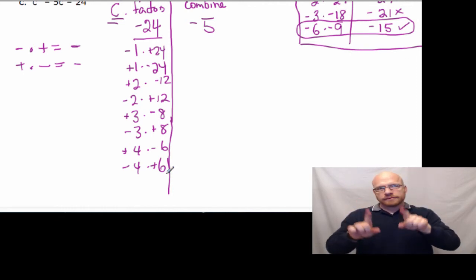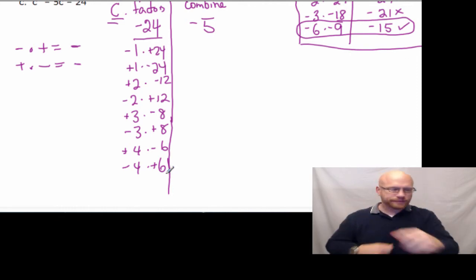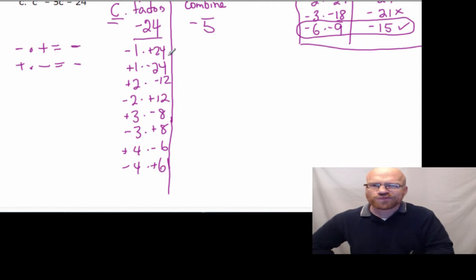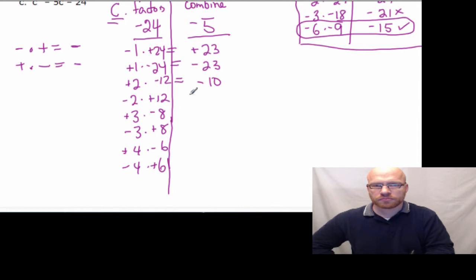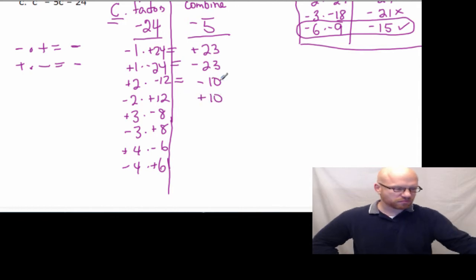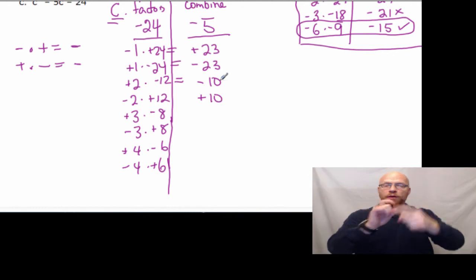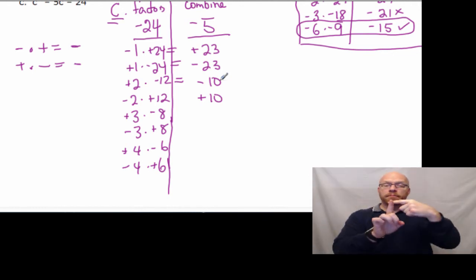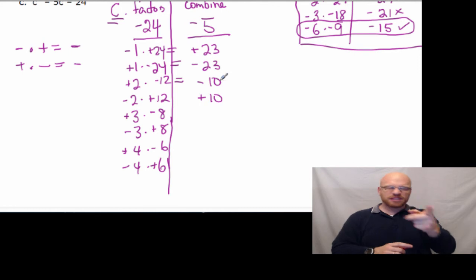Now each pair we have to test and add together to see what we get. Now, see our pattern? Each one we have positive 23, negative 23, positive 10, negative 10, and I'll continue that way.